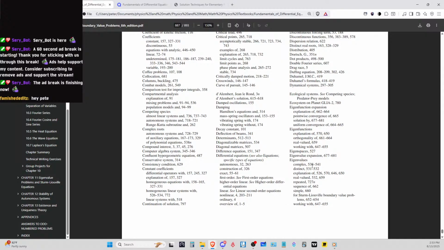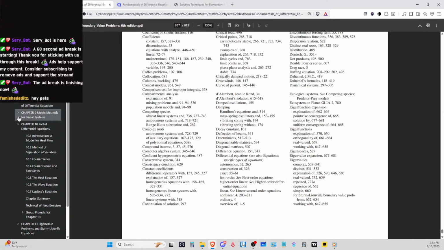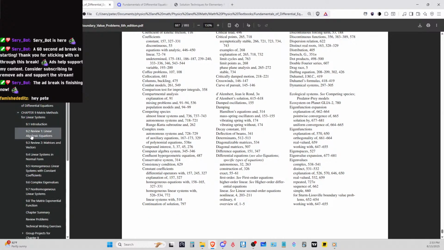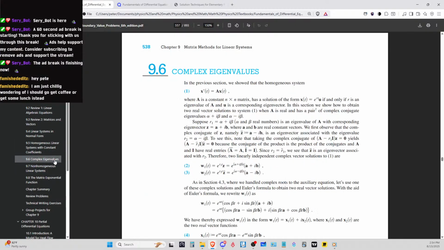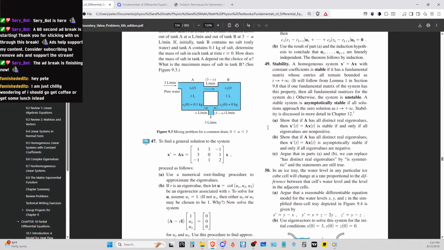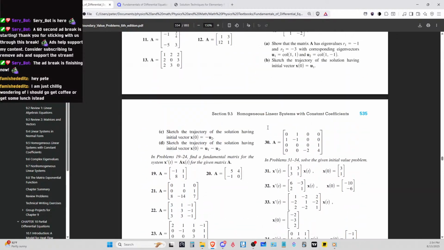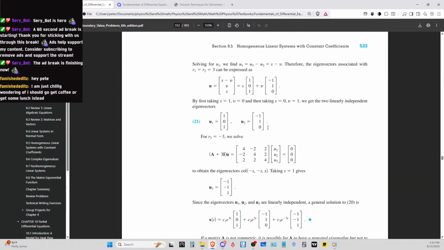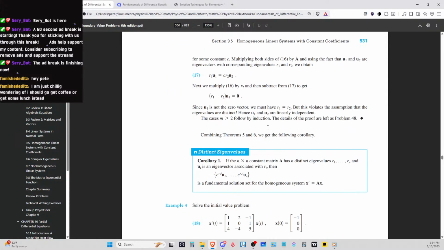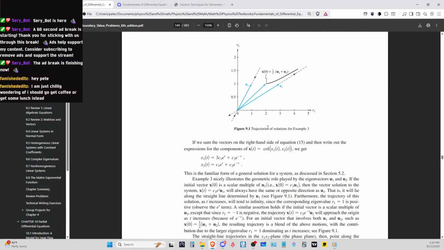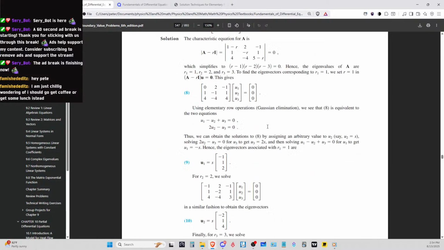Here we go. Do they have to be complex though? Distinct. Okay. 531. Let's see. Complex eigenvalues. Maybe it might be in this part of the chapter. Distinct eigenvectors, here we go. That's what I'm looking for.